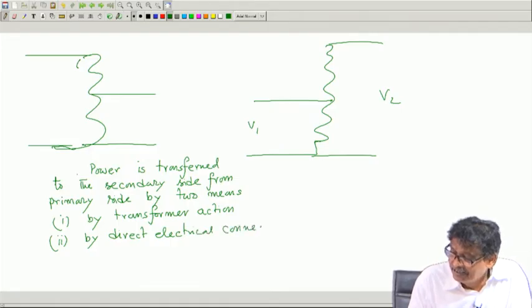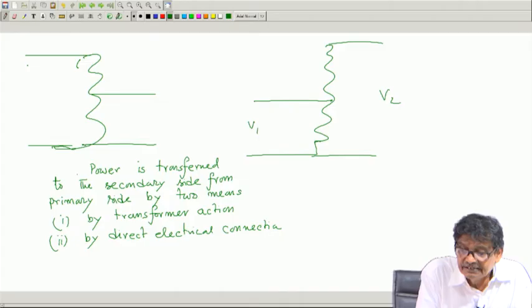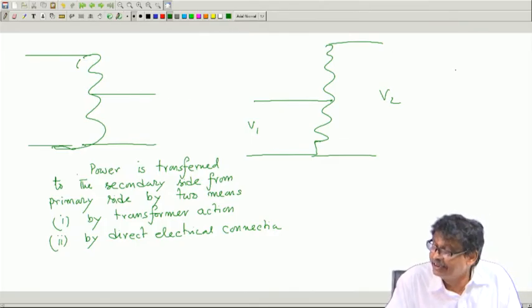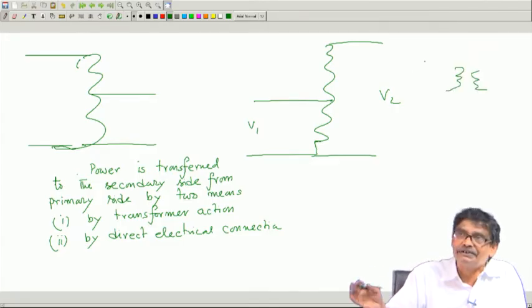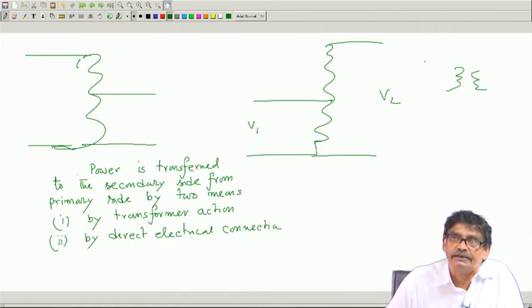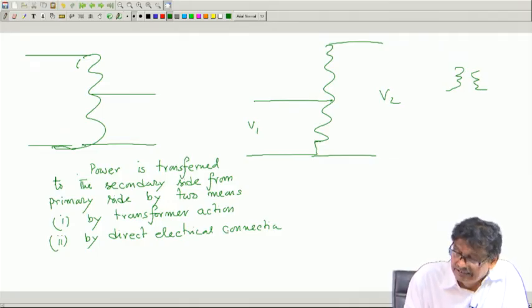What is this direct electrical connection? In this case, whether there was some induced voltage or not, still power would have been delivered. Here also there is a direct connection, but as a 2 winding transformer, that electrical conduction transfer from primary to secondary is not there, because there is no connection between these two.